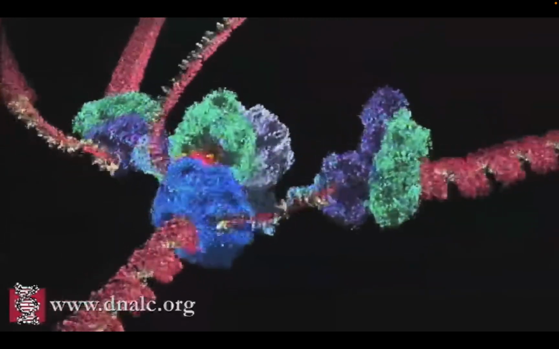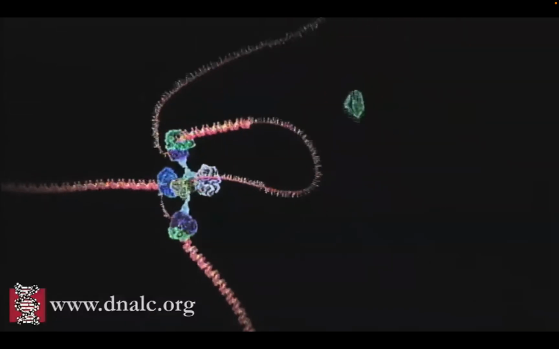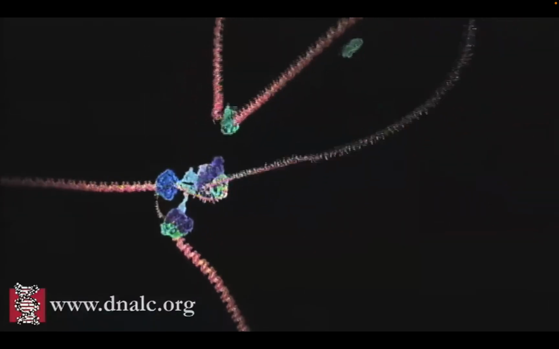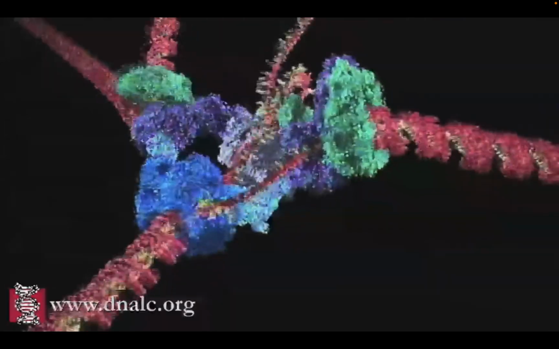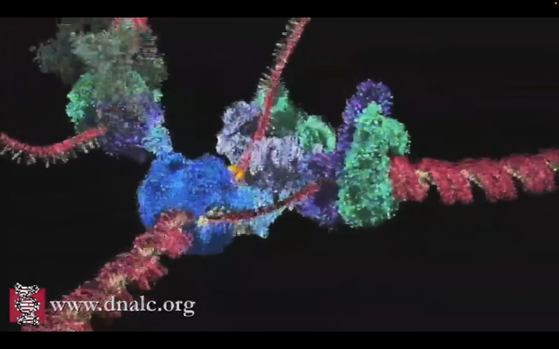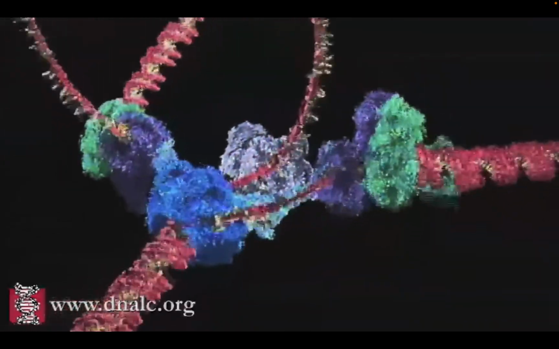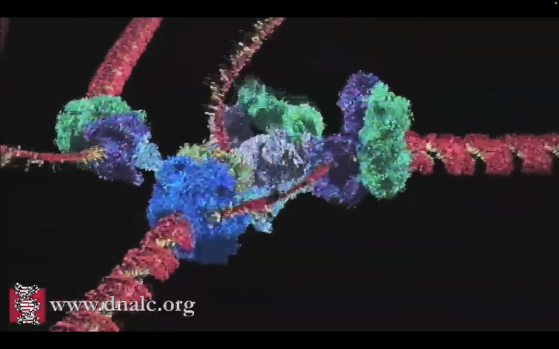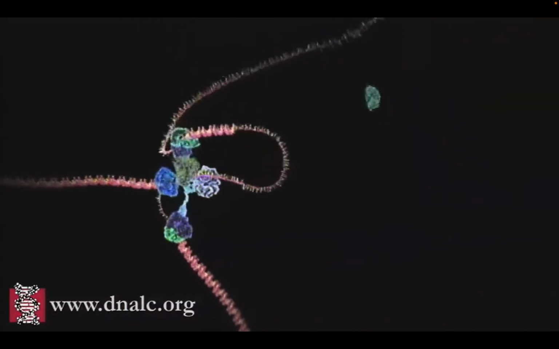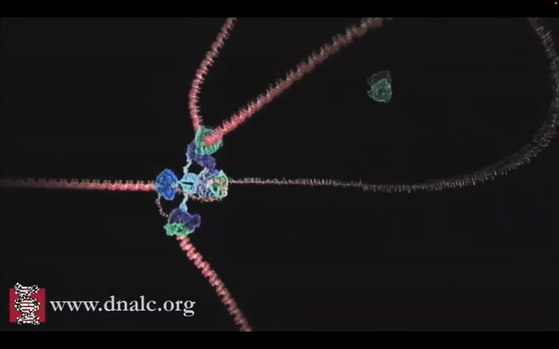It spins the DNA as fast as a jet engine as it unwinds the double helix into 2 strands. One strand is copied continuously and can be seen spooling off to the right. Things are not so simple for the other strand because it must be copied backwards. It is drawn out repeatedly in loops and copied 1 section at a time. The end result is 2 new DNA molecules.